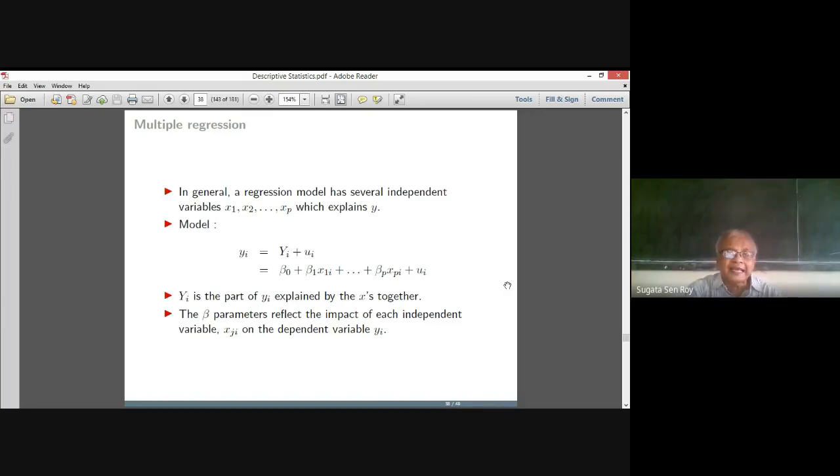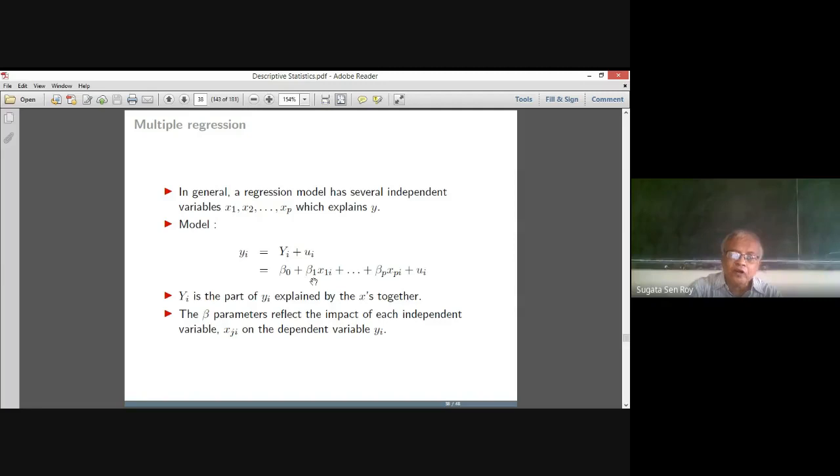Okay, and again the betas reflect this. So if I change 1 unit of this x, what is the effect? Keeping everything else fixed, just change x1 by 1 unit. What would be the effective change in y? That is given by this coefficient here. So the coefficient gives the change in y for a unit change in that variable, keeping all the other variables fixed.